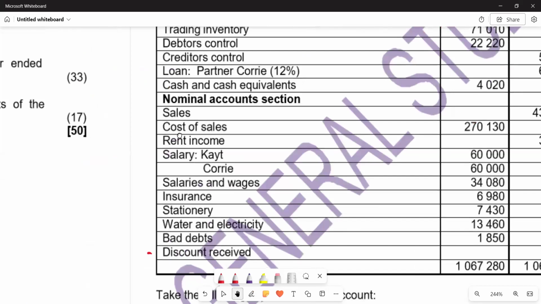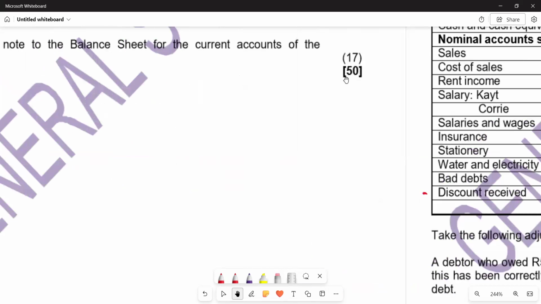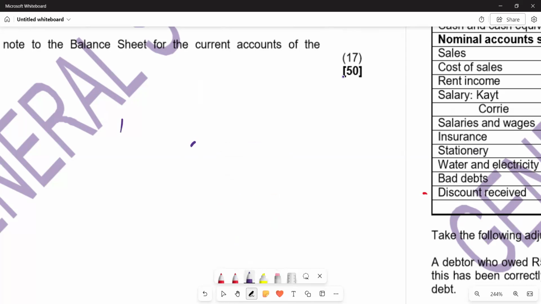But we also have to know that there are two items that we need to assess, whether they are other income or expenses. For example, we have provision for bad debts adjustment. It's one of them.